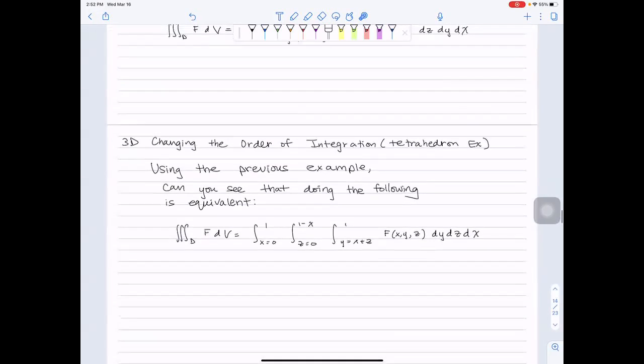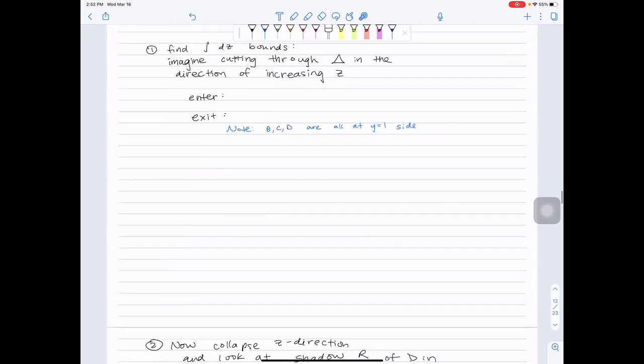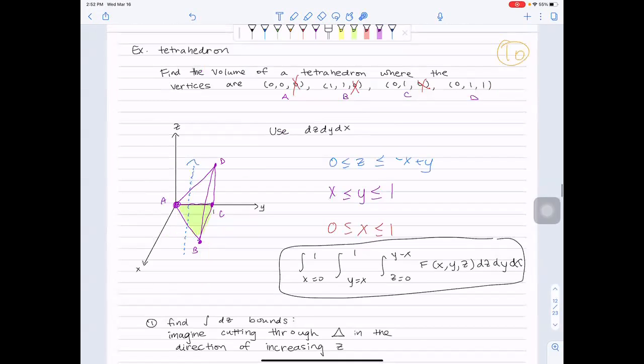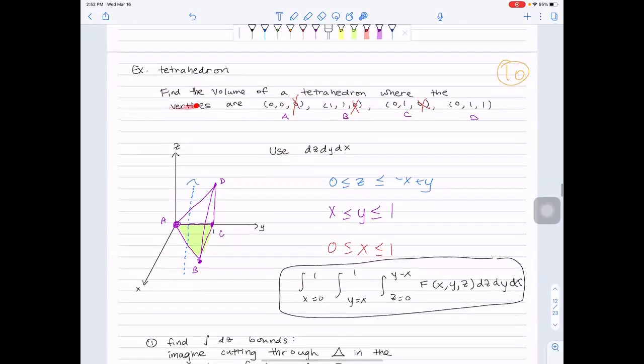Yes. The question says finding the volume, so in the wording of my question, it would be 1. And in what context would you put in the actual function, not this one?